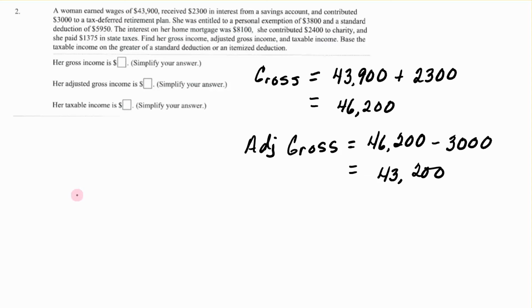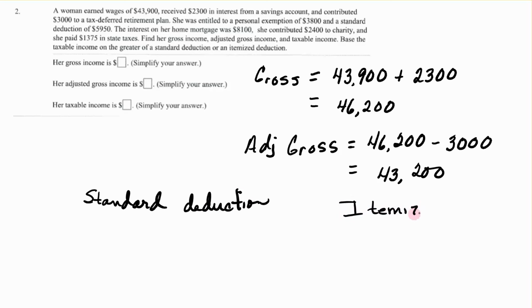There are two ways to go. There's standard deduction and there's itemized. And it all depends on what's going on in your life, which is the better way.